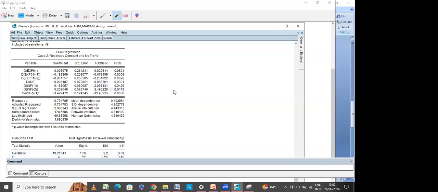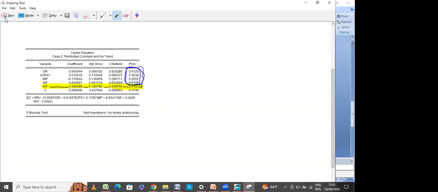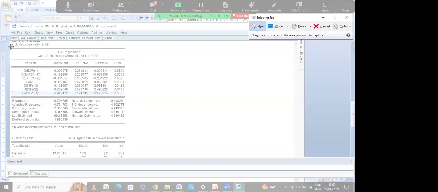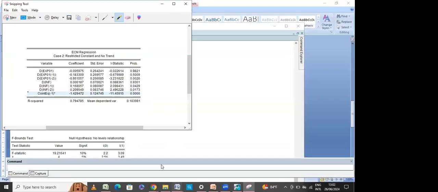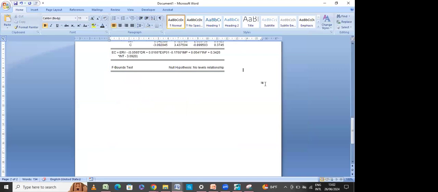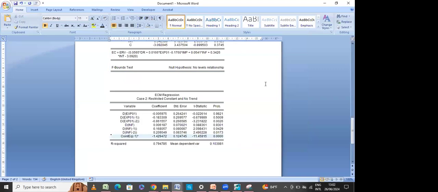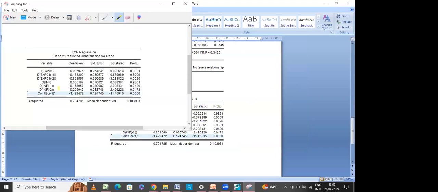The one thing which I really would like to mention is regarding co-integration values. Co-integration is one of the most important factors in ARDL estimation. Let me put it here. This value, co-integration.